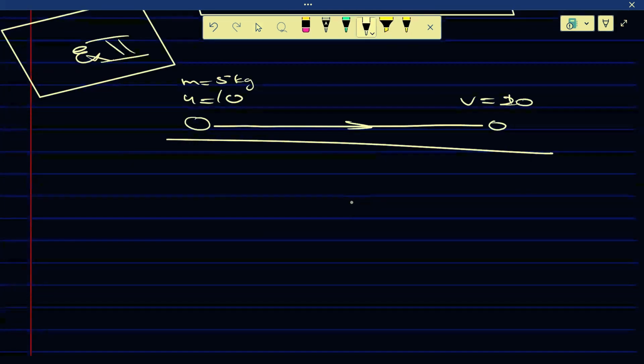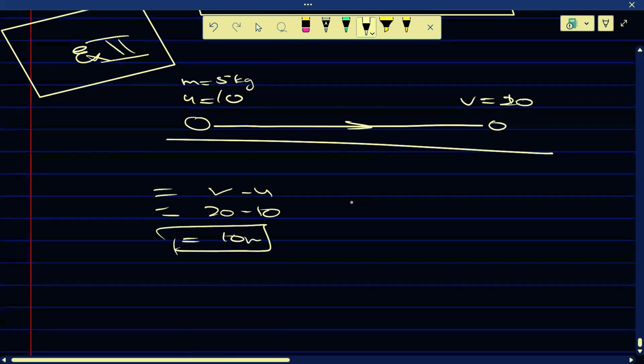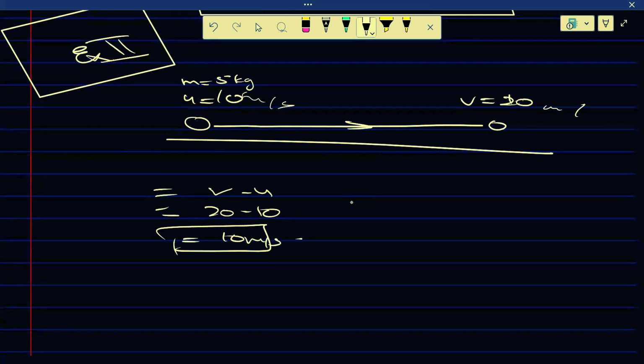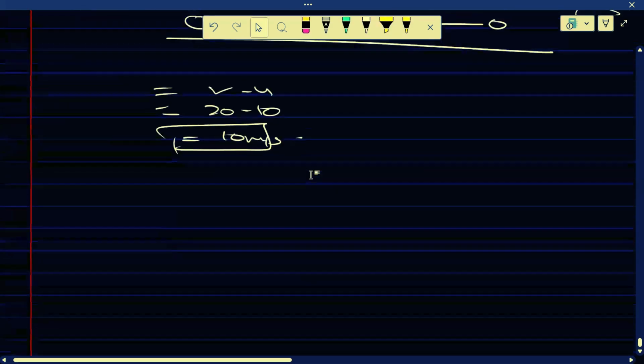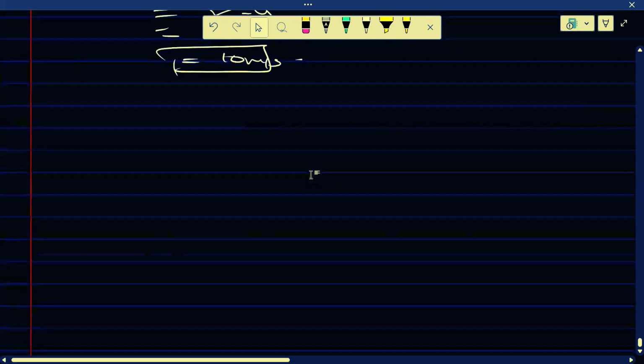For finding the velocity, we subtract initial from final, which will be 20 minus 10. So the answer is 10 meters per second. So 10 is the velocity. In this, what do we have to do? We have to find KE, the kinetic energy.